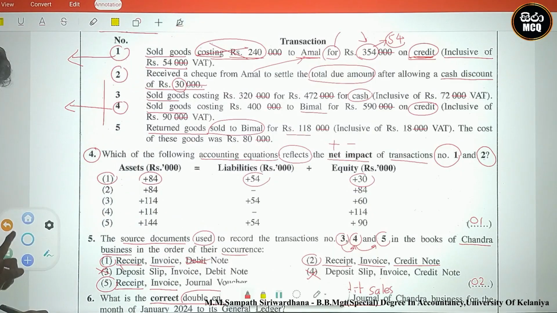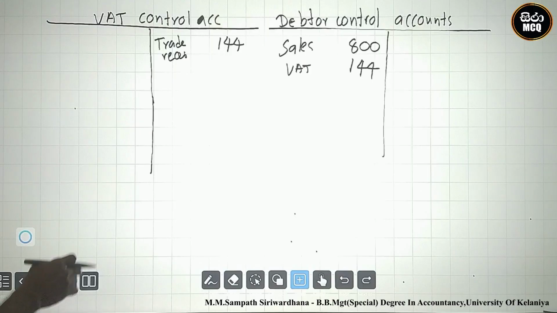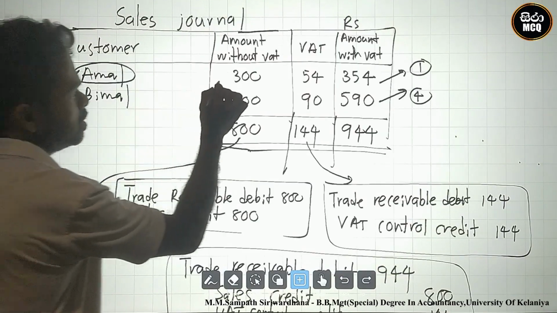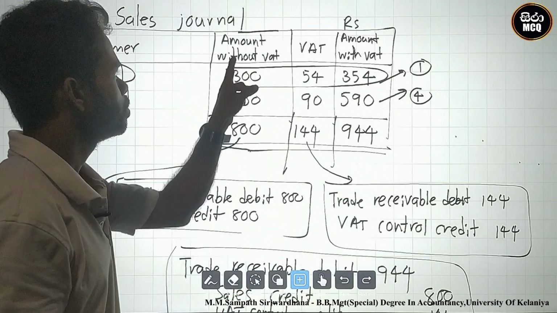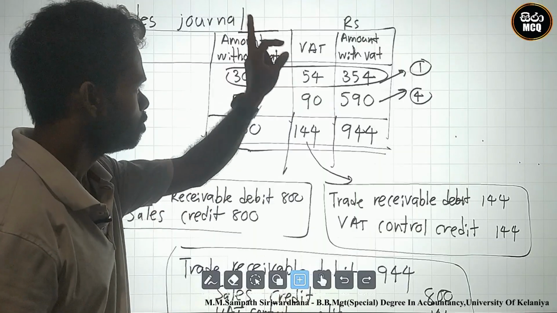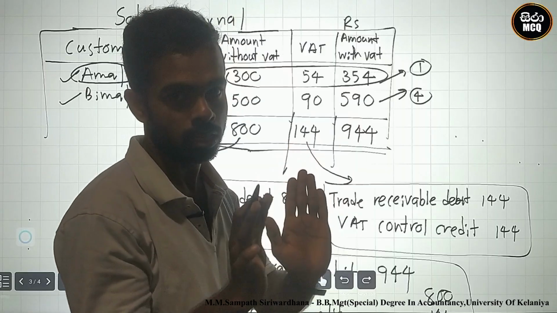Look here, we go to the sales journal. Amal is there. This is the Amal receivable amount: amount without VAT 300, VAT amount 54, 354 is the total amount.